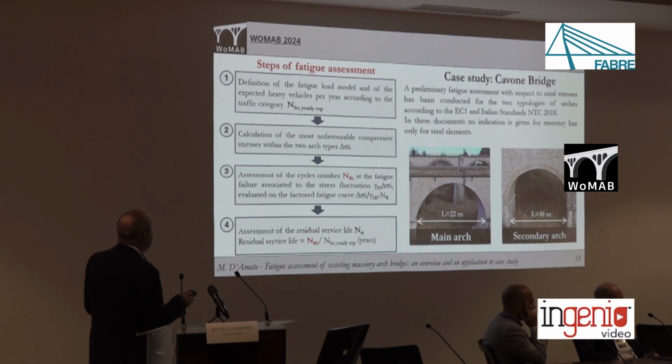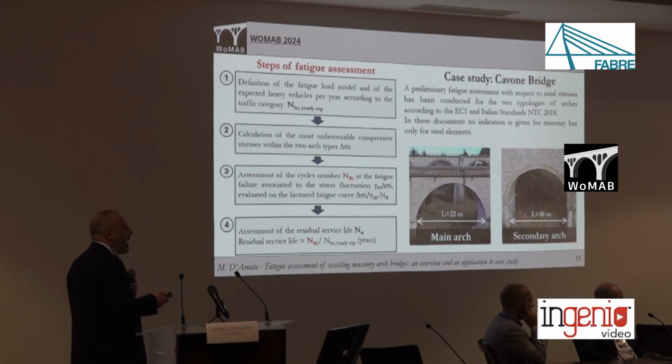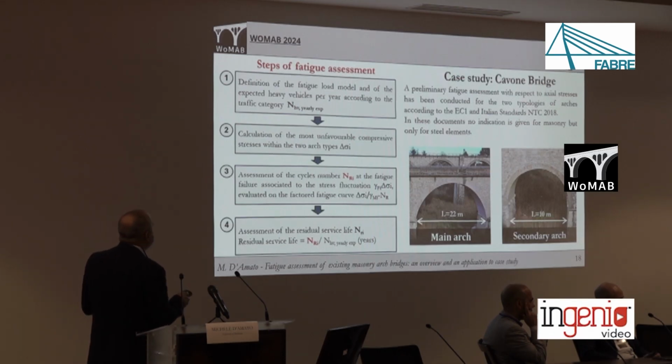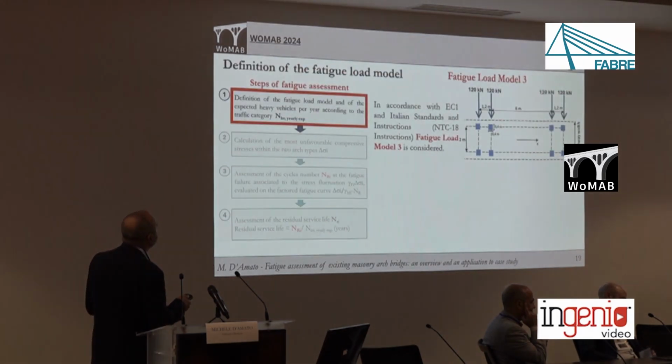And finally, we can assess the residual service life, that is the ratio between the number of passages of the load, the number of cycles corresponding to the fluctuation found in the previous steps, over the number of cycles at failure provided by the stress-life curves.